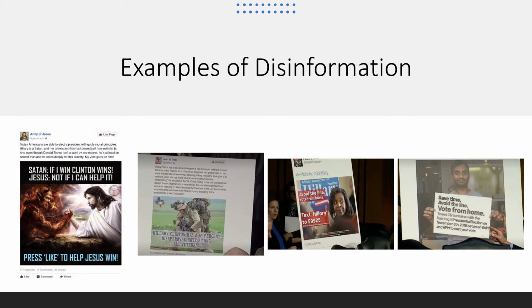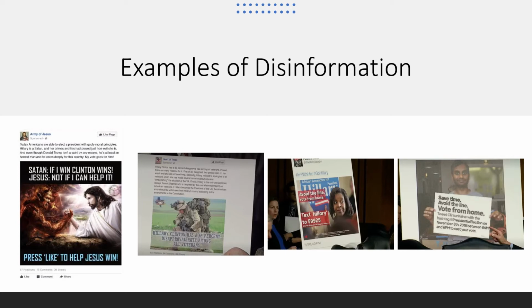The first one, of course, calls Clinton Satan. The second one, from Heart of Texas, focuses on the dislike of Clinton by U.S. veterans, and discusses Benghazi in a conspiracy theory way.